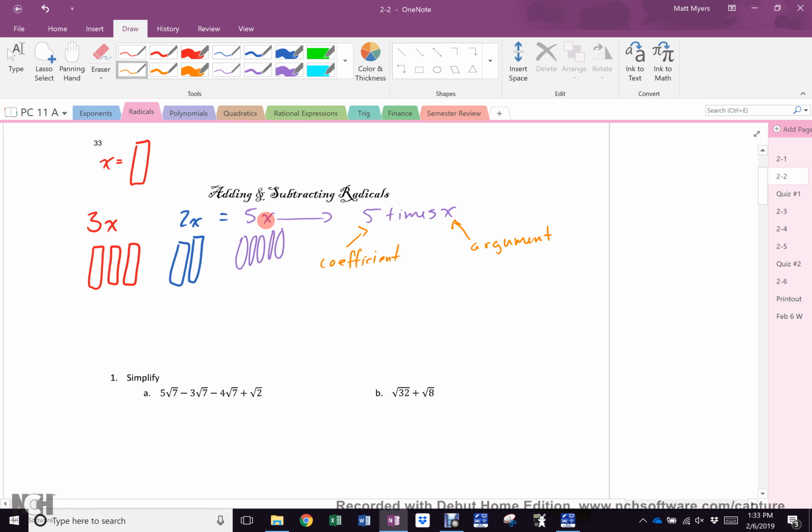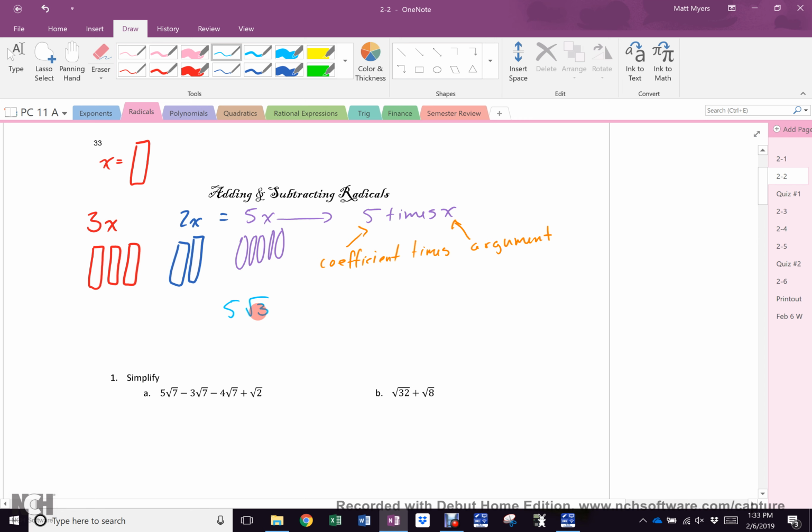So whenever you are faced with something that looks like this, it is the coefficient times the argument. Agreed? So, if I am dealing with radicals, mixed radicals, 5 root 3. If I were to say that in English, what would it be? 5 times the root of 3, correct?